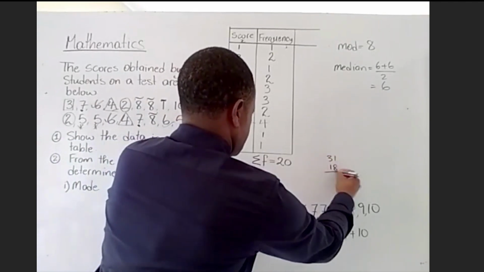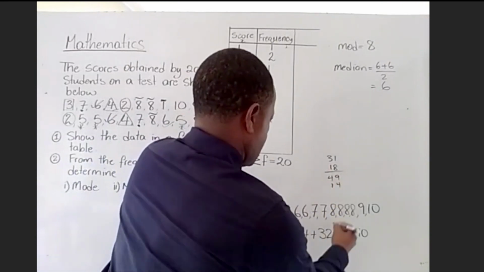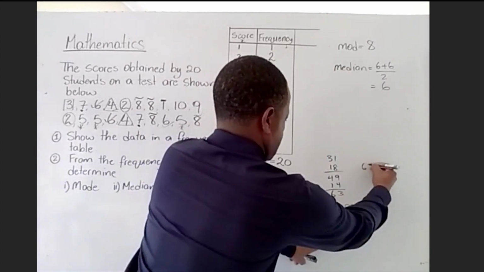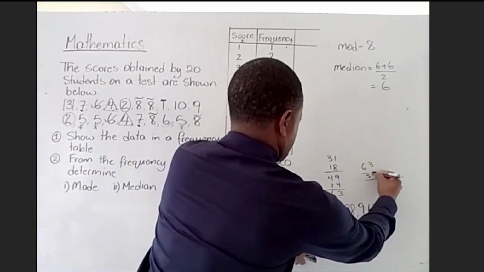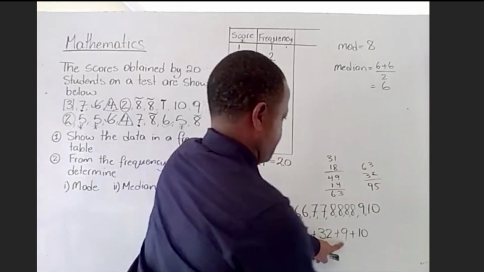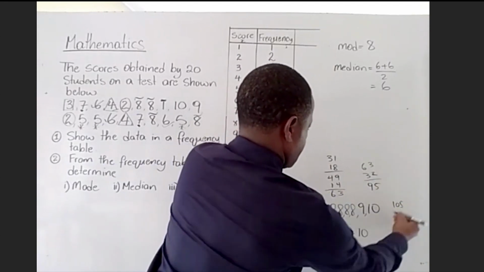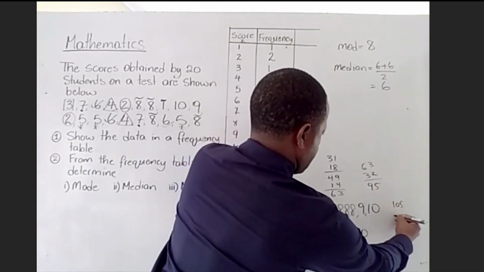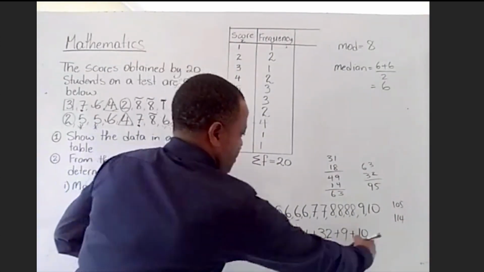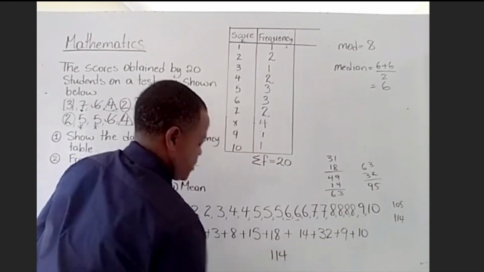So 31 plus 18 will give me 49. 49 plus 14 will give me 63. 63 plus 32 would give me 95. 95 plus 10 will give me 105. 105 plus 9 will give me 114. Good. So in all, when I add up all of these here, I will end up with 114.